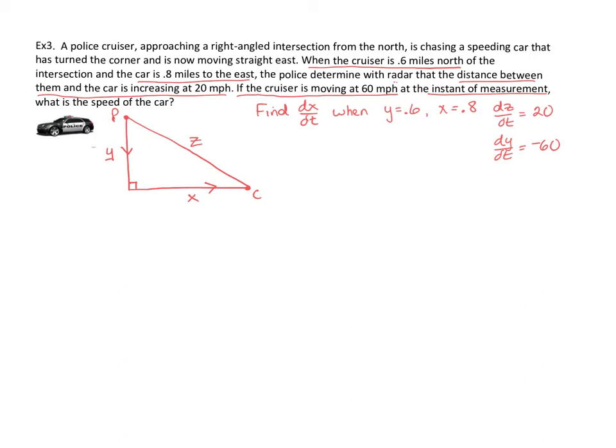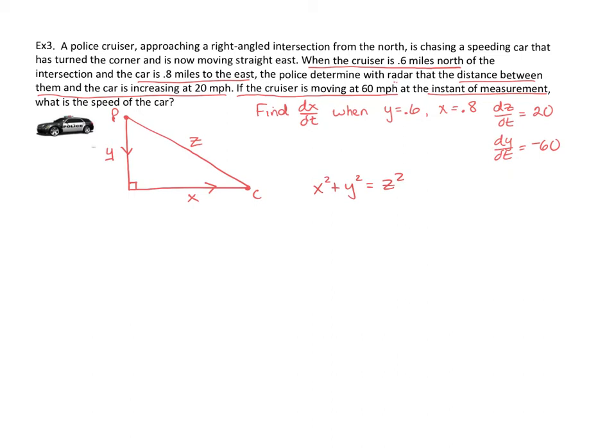All right, I think we've written down everything that they told us. Now we've got to come up with an equation to relate the rates dy/dt, dx/dt, and dz/dt. That's a pretty simple thing because you have a right triangle, and we know that x squared plus y squared is equal to z squared.